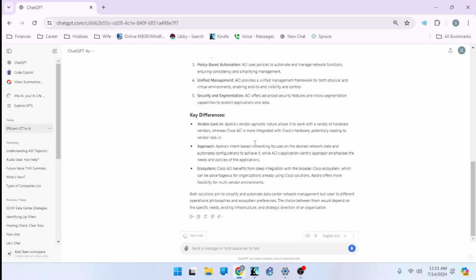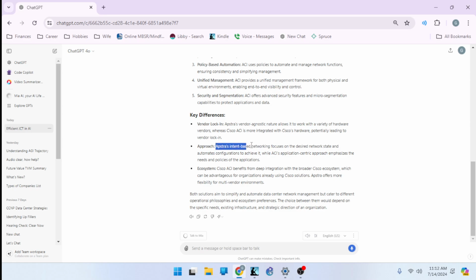And this is why it's hard for me to get excited about the CCNP, because Apstra is vendor agnostic, where Cisco wants to lock you down. If you want to enable OSPF, they want you to buy another feature license for it. They want it to be application centric so that they can charge you for whichever specific applications you want to use. They want to lock you in to only using their stuff. I'm just not sure.